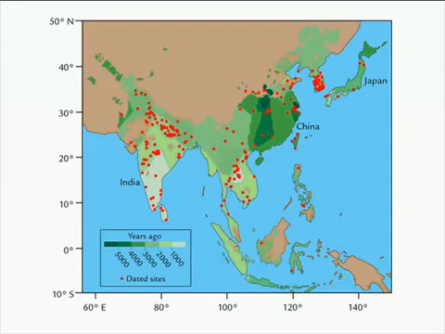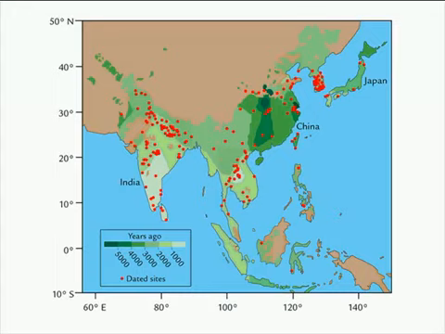And he has compiled all the available data from archaeology, archaeobotany. Those are his areas of specialty. And what he's mapped here is the initial arrival of irrigated rice agriculture across that entire region.